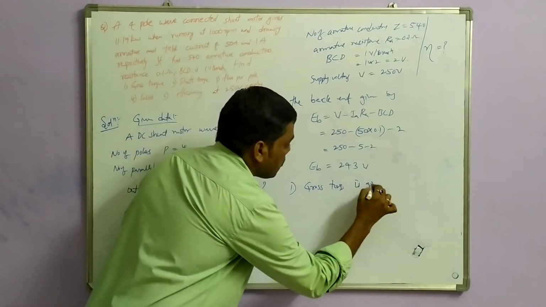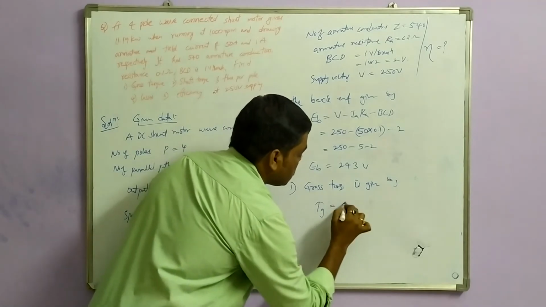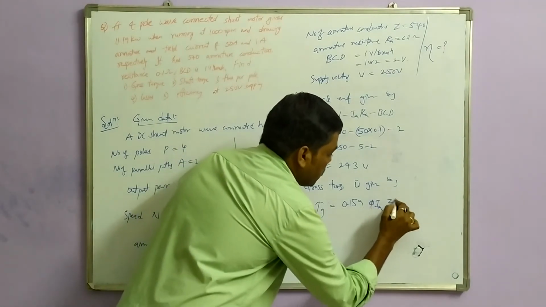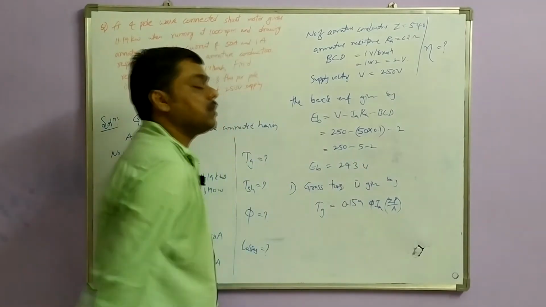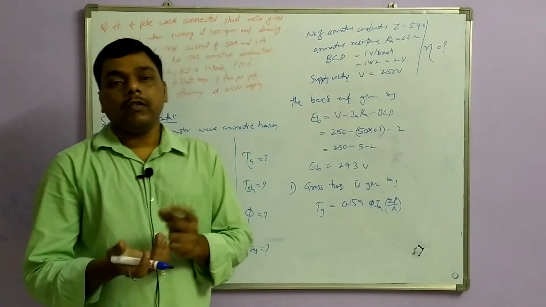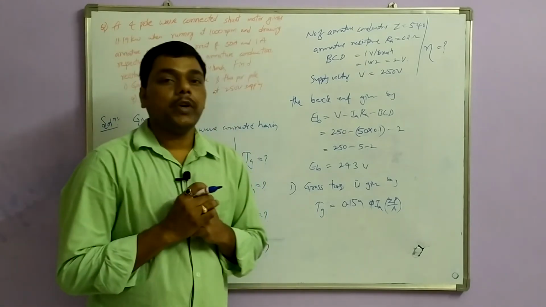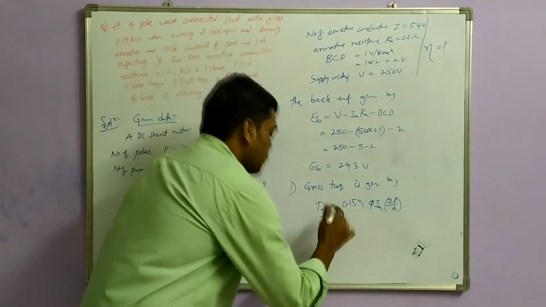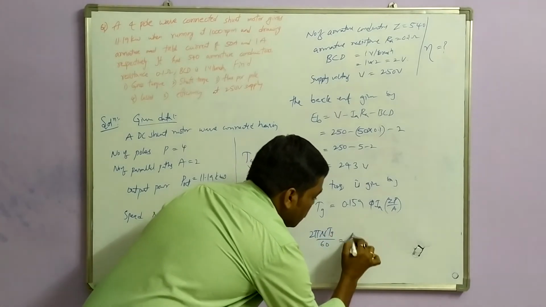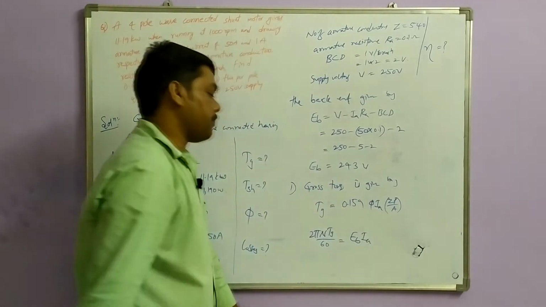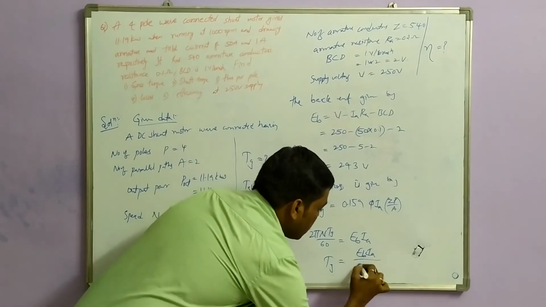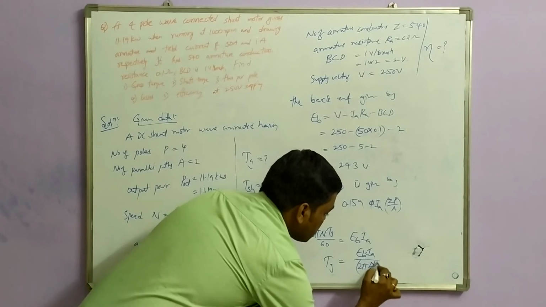Gross torque is given by TG is equal to 0.159 into phi into IA into Z P by A. This is one available formula, but the flux per pole is not given, so we are not going to use this. We have one more formula: 2 pi N TG by 60 is equal to EB into IA, whereas TG is equal to EB into IA by 2 pi N by 60.